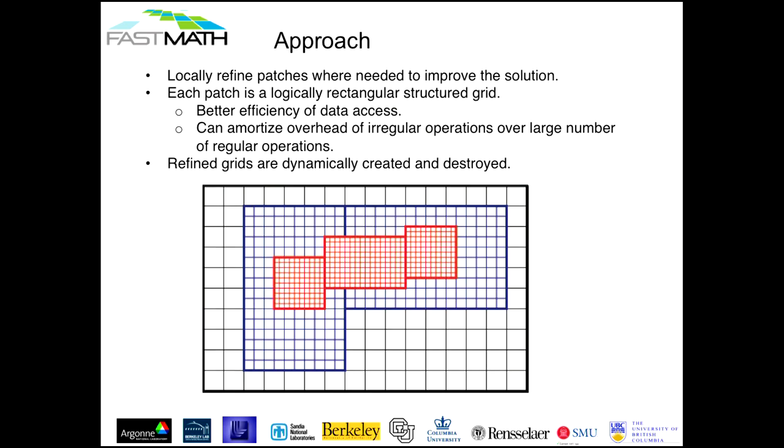In our packages, there's no enforcement of unique parent-child relationships, which some tree codes enforce. But that's a little bit restrictive in terms of what kind of grids I can generate. You tend to get over-gridding in those types of packages. So Paramesh and Flash have that property. Batsrus has that property. For very deep hierarchies, it's not so important.